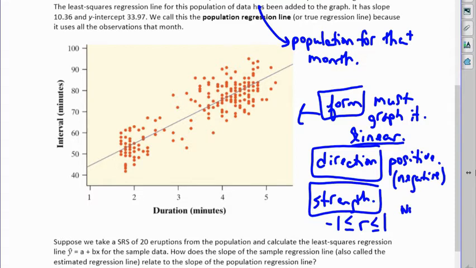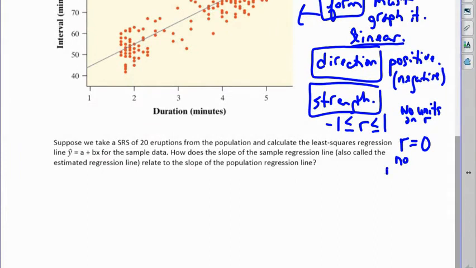Remember, there are no units on R because it is based on z-scores, which don't have any units. If you have a -1, that's a perfect negative relationship. A +1 is a perfect positive relationship. And the closer you are to R equals 0, that would be no relationship.